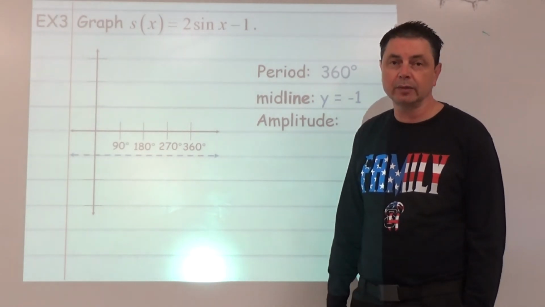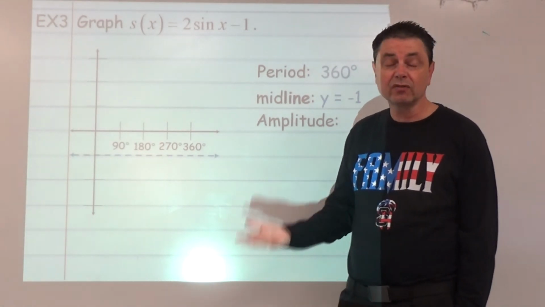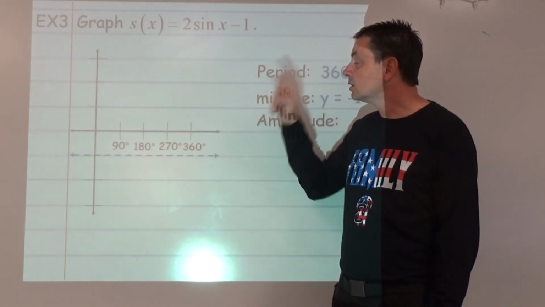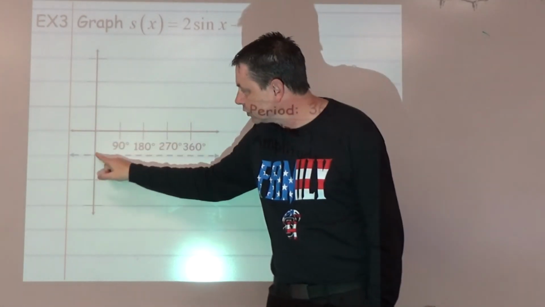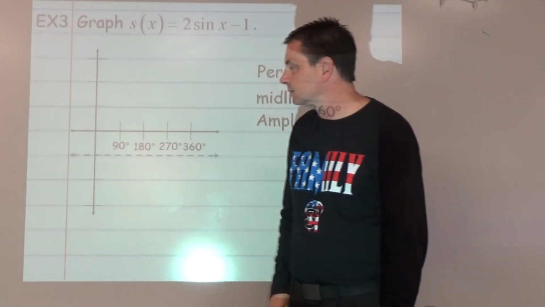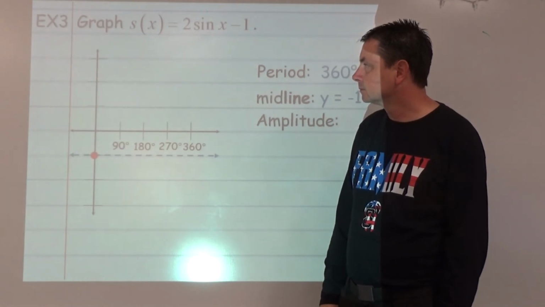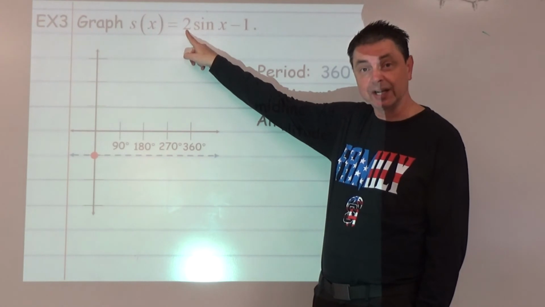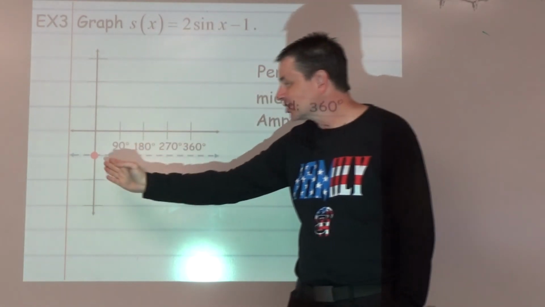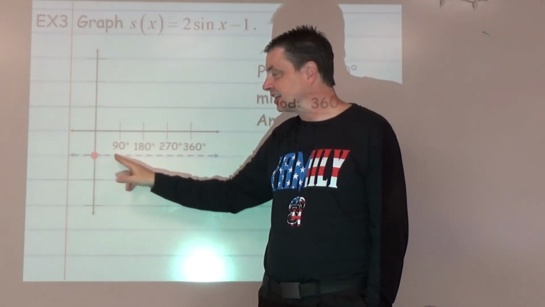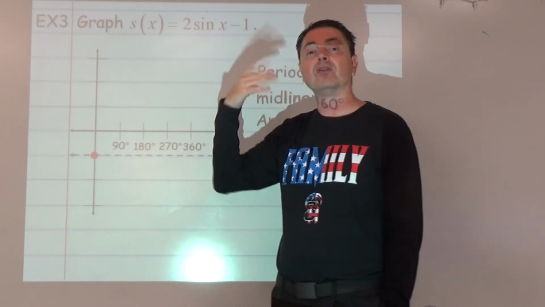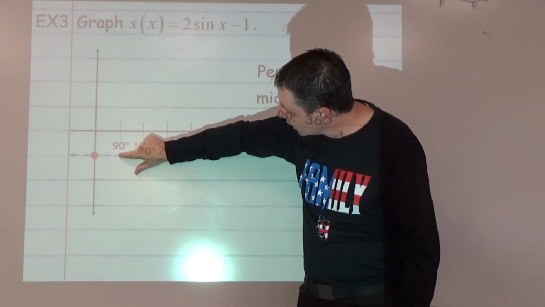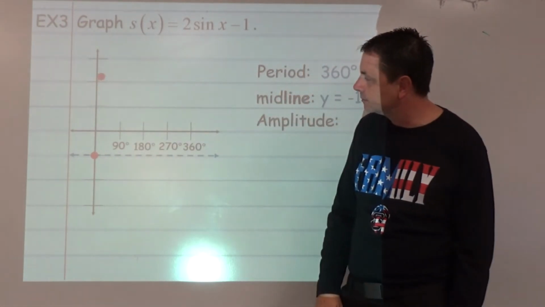Now let's get the shape. The sine graph for the base graph starts on the x-axis, but really the sine graph starts on the midline. So at 0, we are on the midline. And with the a value, the stretch, being positive, we're going to start by going up. The next key point, we're going to be above. How far above? 2 above the midline.